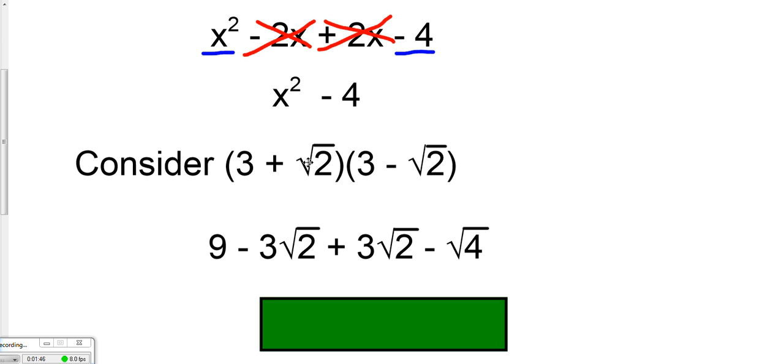Or you can also think of it as square root of 2 times the square root of 2. The square roots cancel, right? Because it's like we did square root of 2 squared. So if they cancel, this just becomes 2, just the constant 2. Again, like up here, we notice negative 3 root 2 and positive 3 root 2. Those are going to cancel each other out.